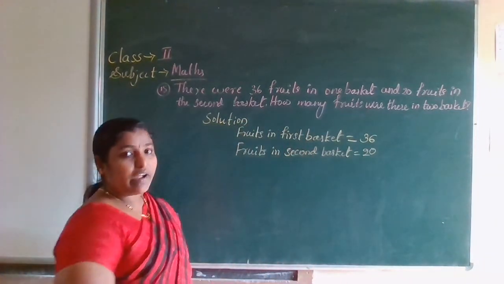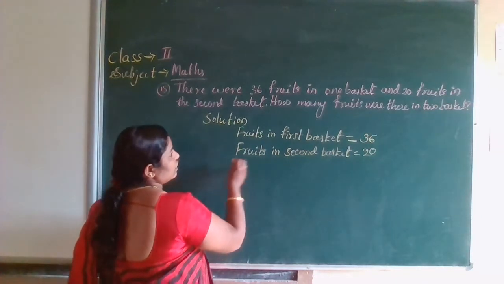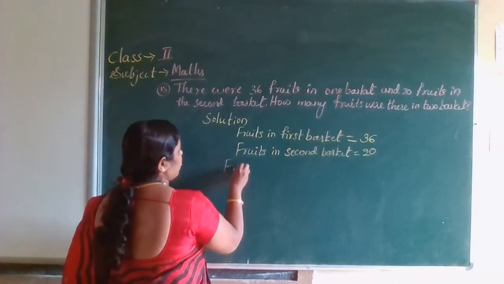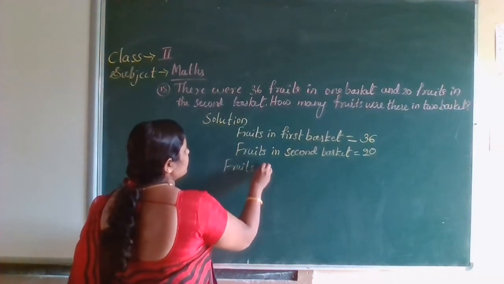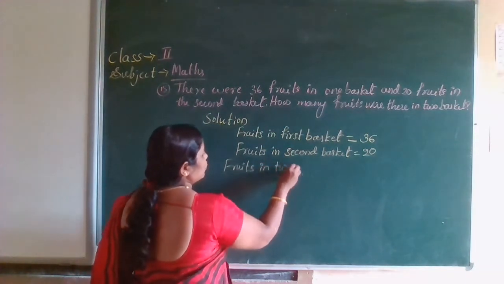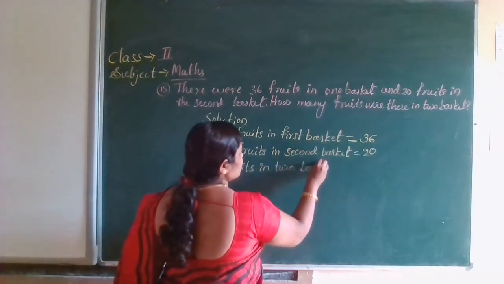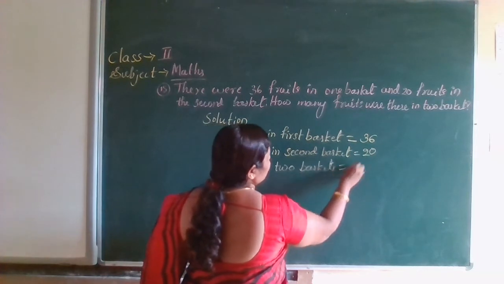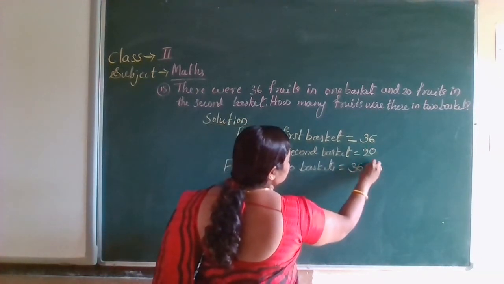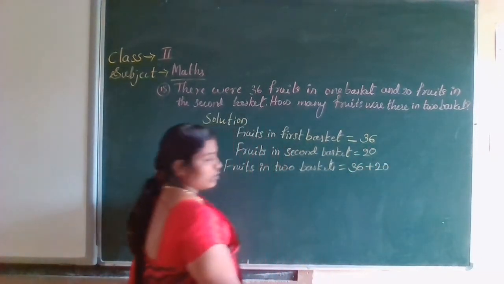Then what should we find? Fruits in two baskets. Fruits in two baskets is equal to 36 plus 20 we should do.